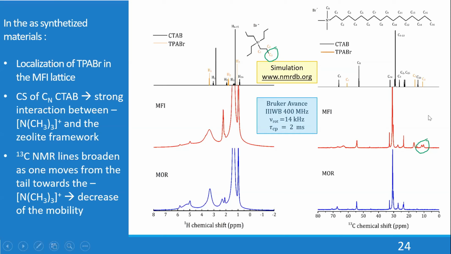It's the peak of C3 of tetrapropylammonium bromide, because this molecule is introduced into the mixture to prepare these materials, especially to form the specific MFI porous structure.